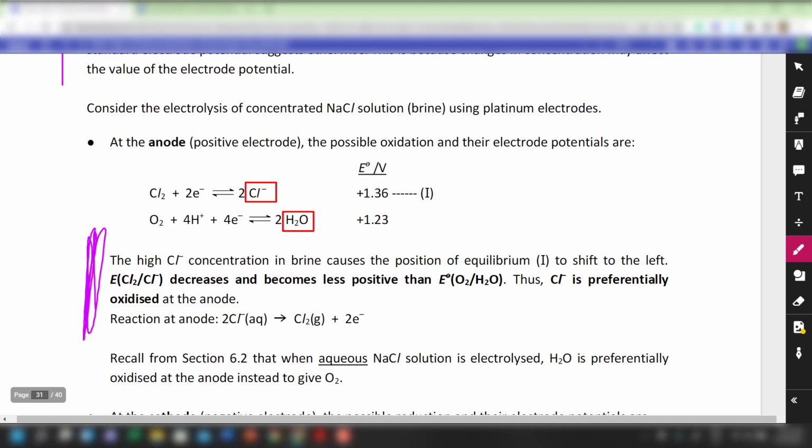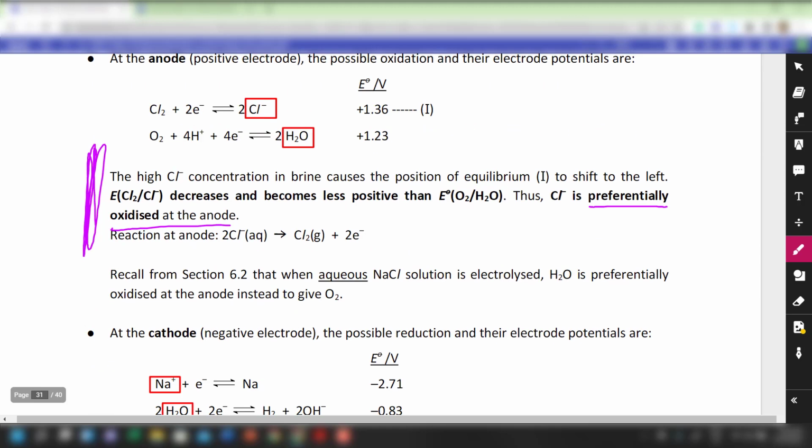Because of that, chloride is preferentially oxidized at the anode. As to the exact concentration, it's not required for your curriculum, because that probably requires some calculations. Not to worry, when it's required, we'll give you the relevant information for you to perform the calculation.